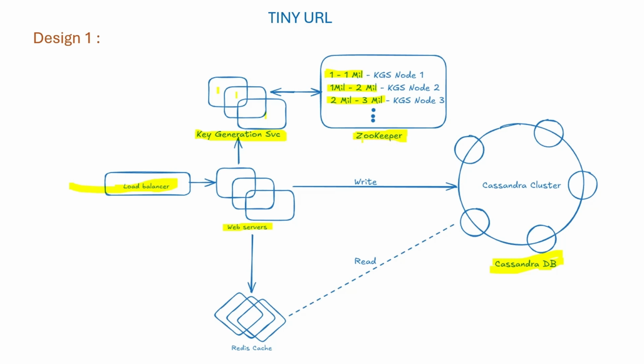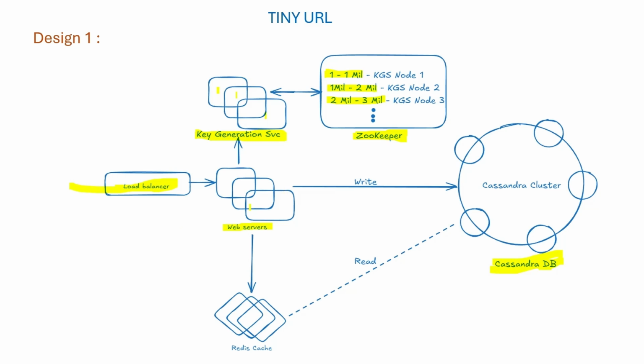So there will not be a single point of failure here. Also, when we look at the failure use cases in the key generation service, since we have multiple different nodes within this cluster, if any one of the nodes goes down, we should have enough nodes to provide and support the unique base 62 strings to the web servers.